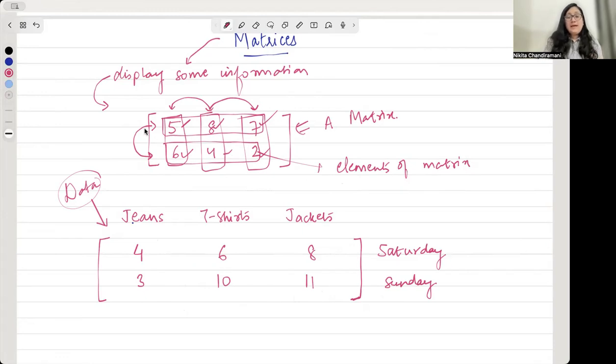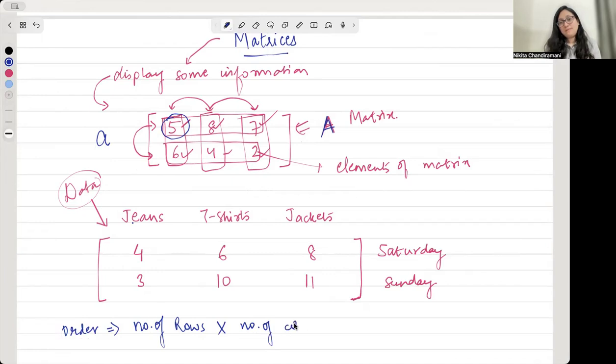In the first row, if this is a matrix A, in the A matrix we have the first element as 5. So how do you represent this? Now I'm going to tell you the order. Always the order of a matrix is taken as the number of rows written first, cross the number of columns.